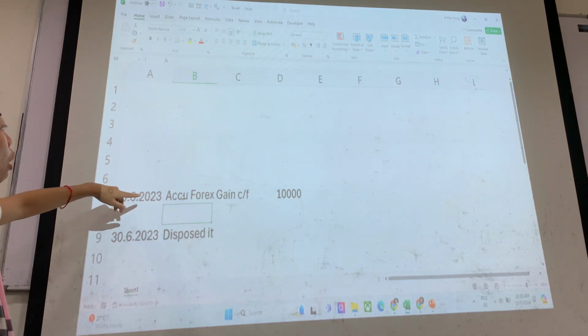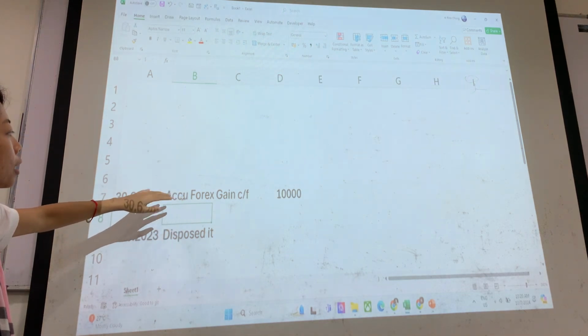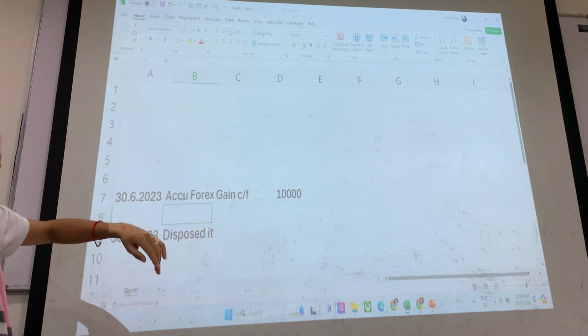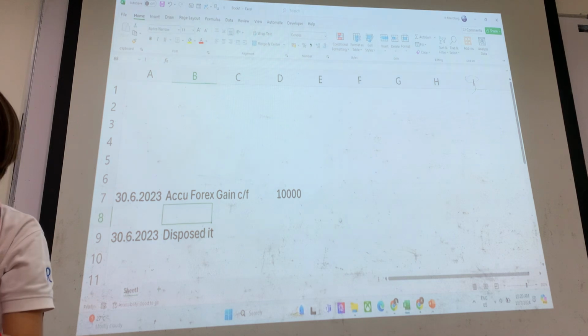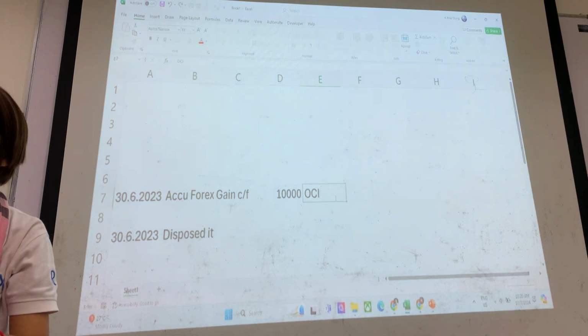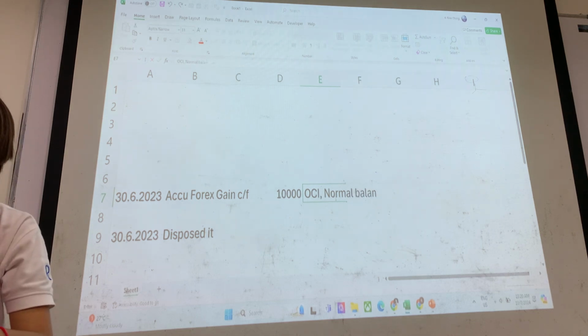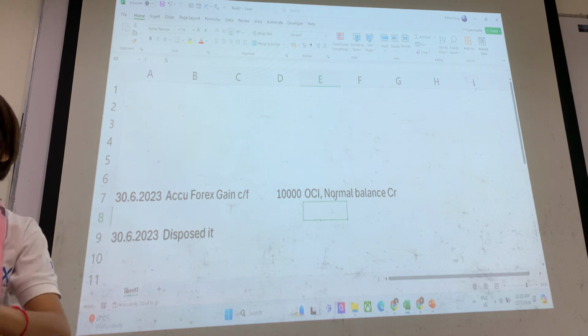So when I dispose it, I must recognize this. Accumulated foreign exchange gain is actually an OCI account title. Normal balance is credit side. So this is an OCI account title, and normal balance means by nature it is on the credit side. So this 10,000 is credit side. This is the gross amount.